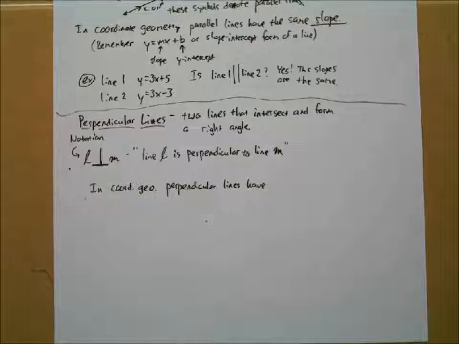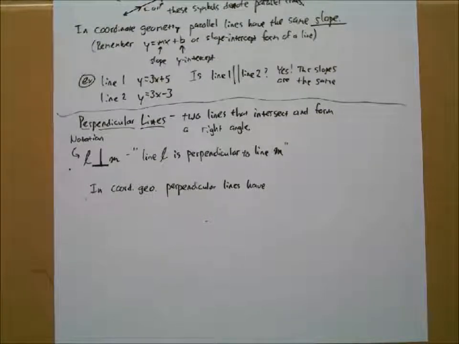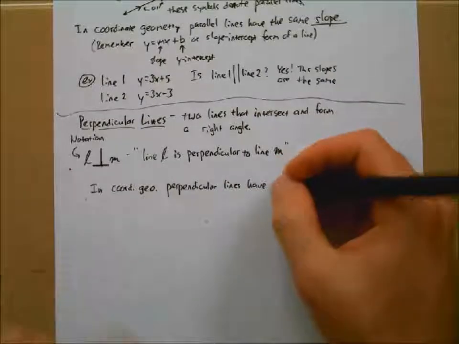Yeah, Avery? I think it's like the y and the x coordinates are switched. Basically the right idea, yeah, essentially the right idea. So we'll come back to that in a second here. I think I see what you're saying though.